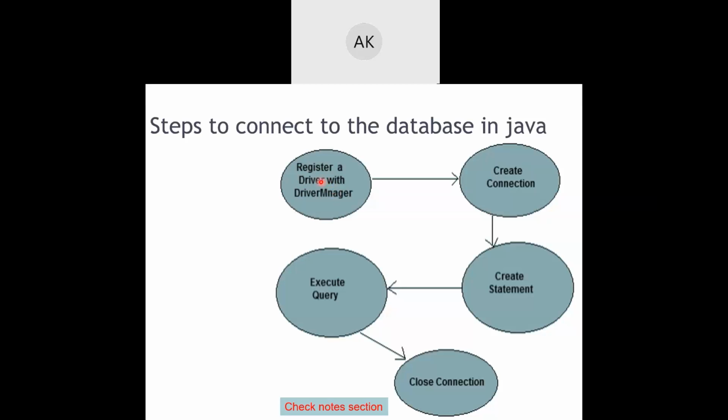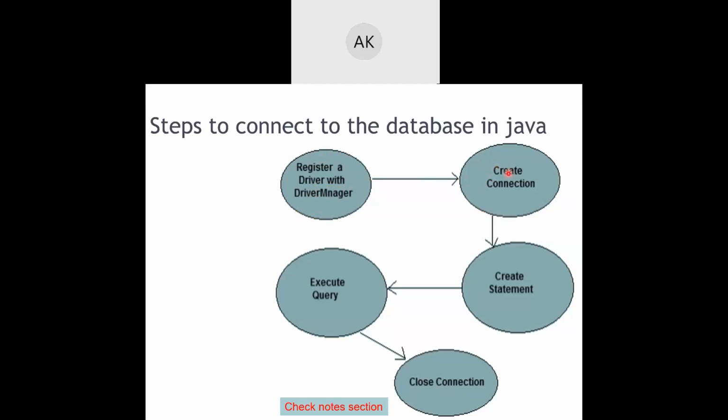That driver should pertain to the particular database to which we want to have a connection. Once the driver class is present with us and registered in our program, we need to start making a connection to the database.